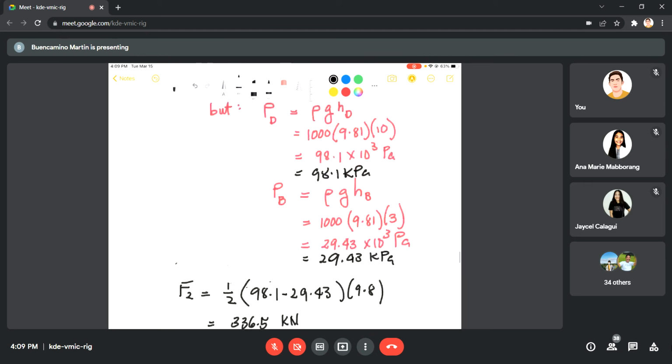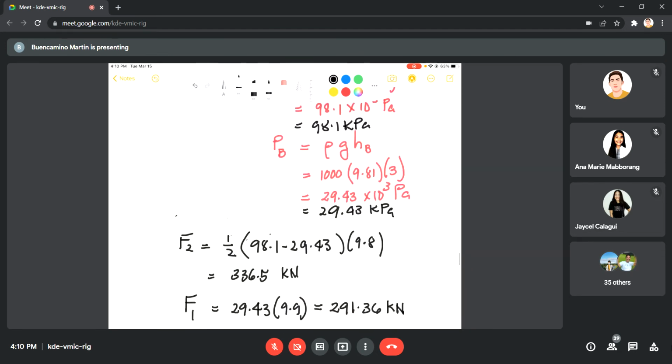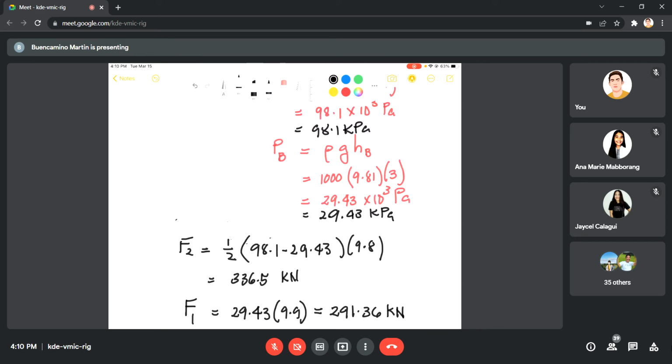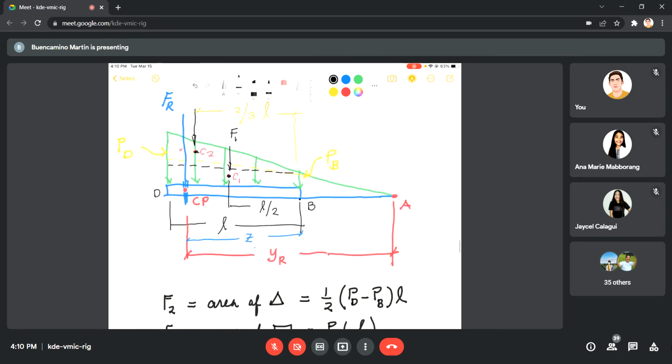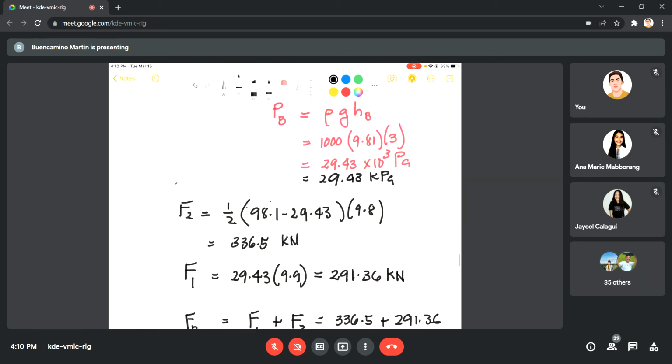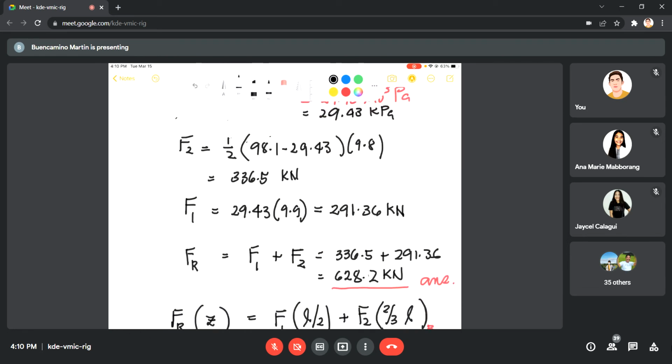Okay, so going back to the above-mentioned equation, F2 is now equal to 1/2 times the difference between these two pressures times 9.8. 9.9 pala yan, hindi 9.8. Okay. So, multiply natin yan. I-calculate nyo nga, class. Mali na yung answer niya, 9.9 pala yun.